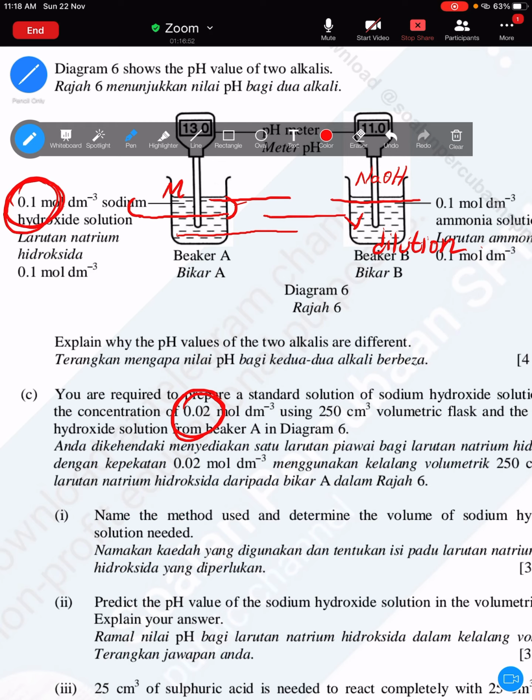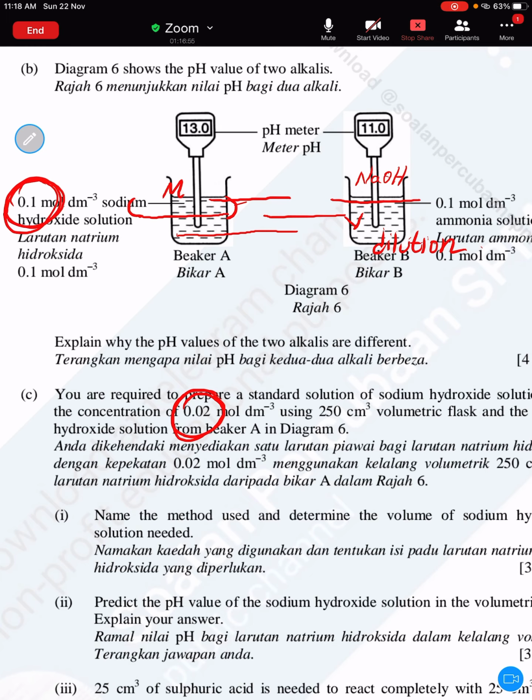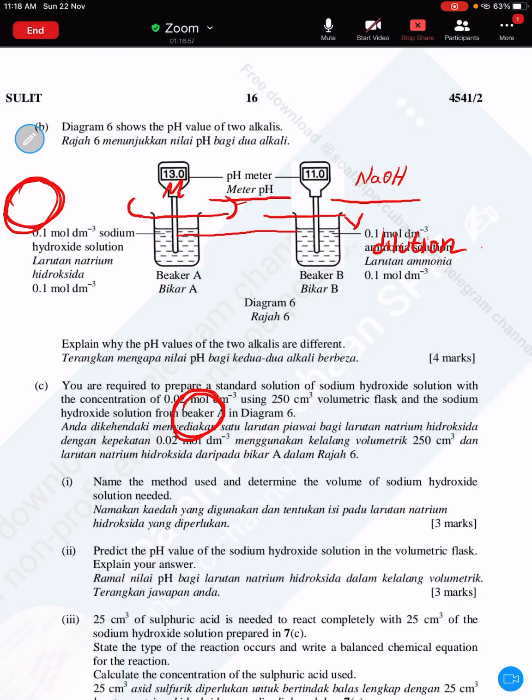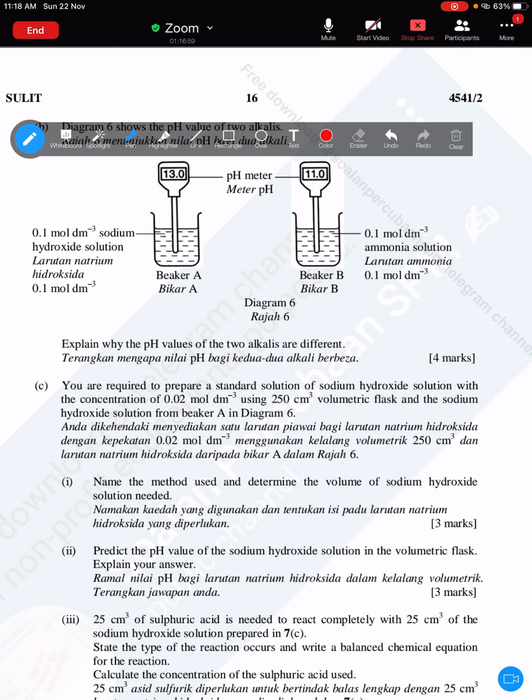Anda dikendaki menyediakan satu larutan piawai. Wait, I read in the Malay version first. Larutan piawai natrium hidroksida dengan kepekatan 0.02 menggunakan kelalang volumetrik 250. Okey, itu tak ada masalah. Dan larutan natrium hidroksida dari bikar A. Okay, I need to calculate the mole.